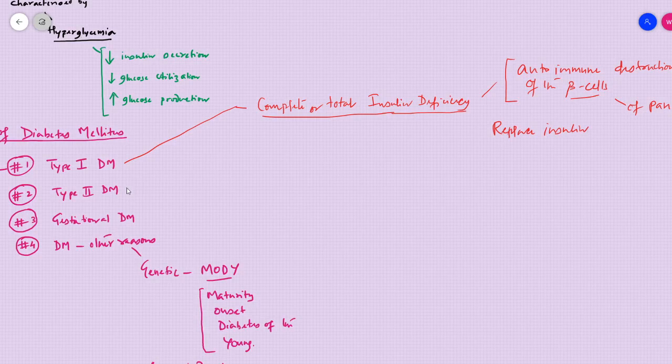So what is the problem with type 2 diabetes mellitus? There can be normal insulin secretion, which could be associated with insulin resistance.